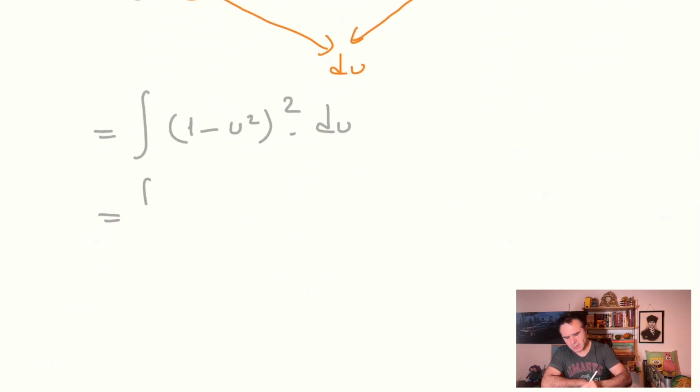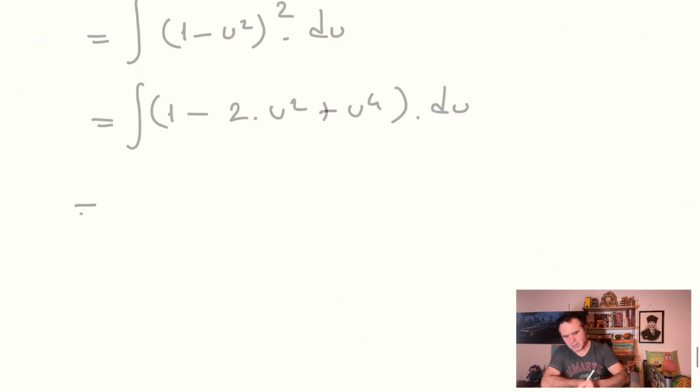And (1 minus u square) squared will be equal to 1 minus 2 times u square plus u to the power of 4, times du. And let's integrate it.